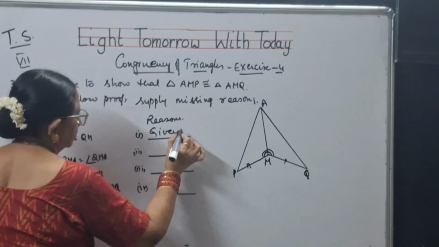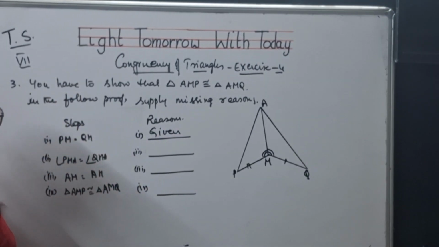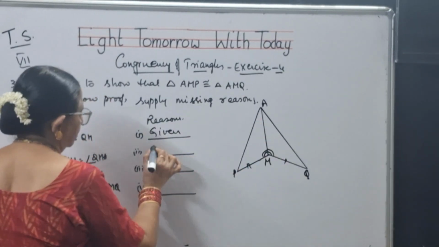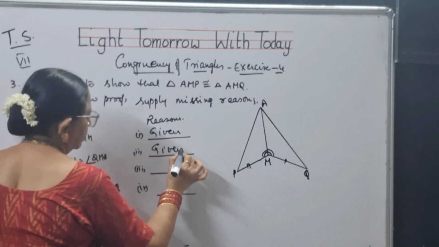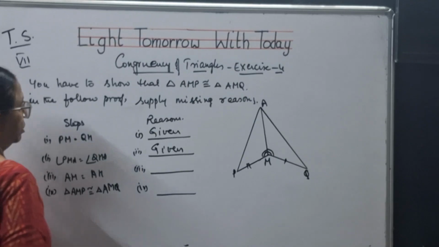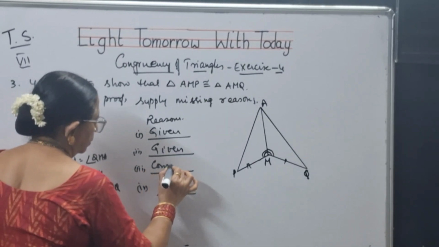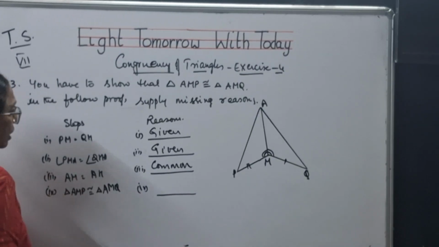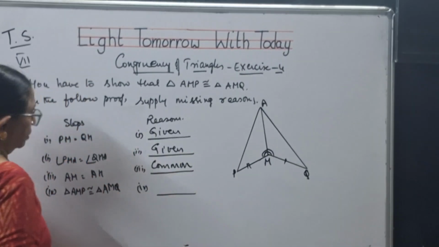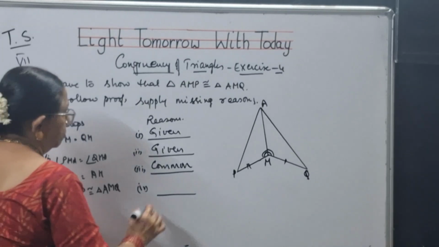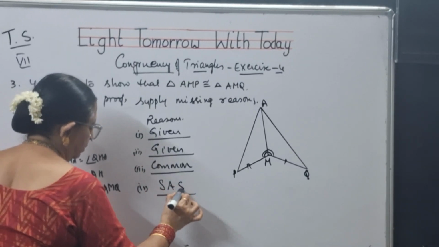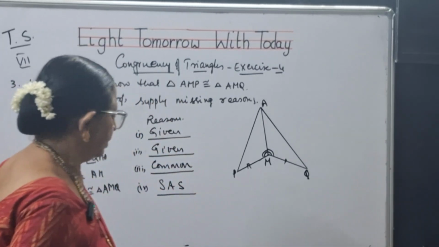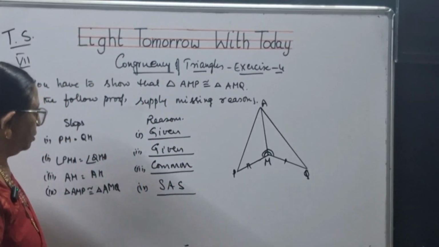They have given to us. Angle PMA is equal to angle QMA. This is also given to us. That is why we are saying AM is equal to AM. This is common. So, triangle AMP is congruent to triangle AMQ basing on side angle side property. So, simple answer, children, for this. Please note it down.